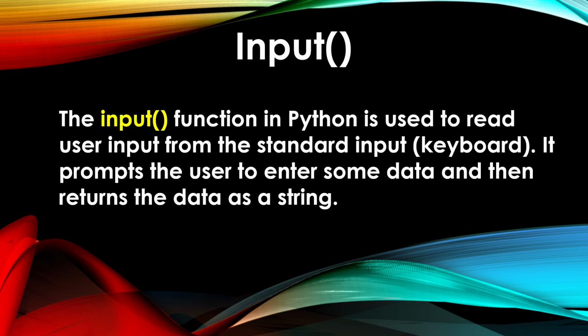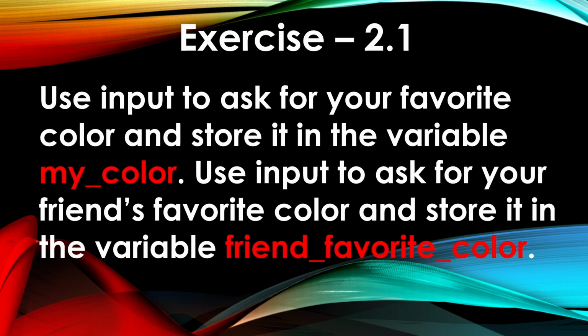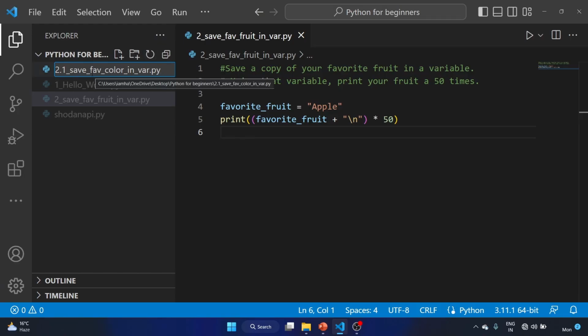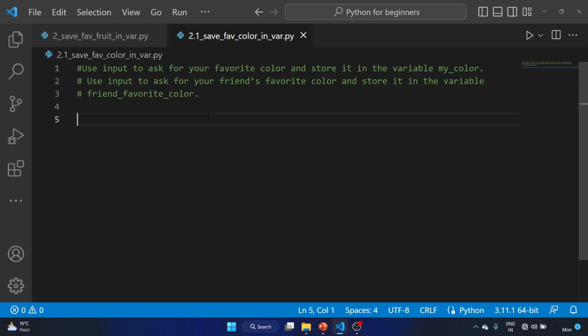The input function in Python is used to read user input from the standard input, that is the keyboard. It prompts the user to enter some data and then returns the data as a string. We use the input function to ask for input from the user. So let's see the solution of this exercise. Here is our file name, save favorite color in a variable. So how will we use the input function?